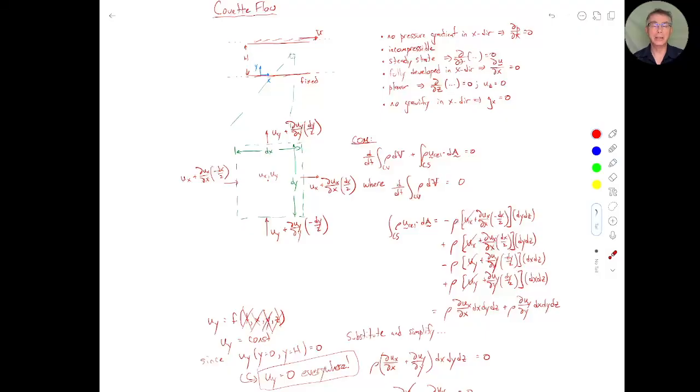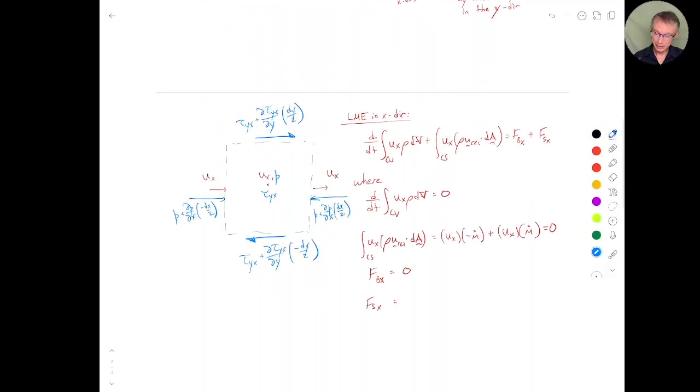So a pressure gradient, if the pressure varies in the x direction, the fluid will be pushed along. So in this particular problem, this Couette flow, we're saying there is no pressure gradient driving it. And then the third way you can move fluid is through gravity. If you tilt the surface, for example, so that gravity's acting to pull the fluid downward, then it would start to move. Again, in a standard Couette flow, we say that there's no movement due to gravity. So the fluid in a Couette flow is moved only by the boundary, not by pressure or by gravity.